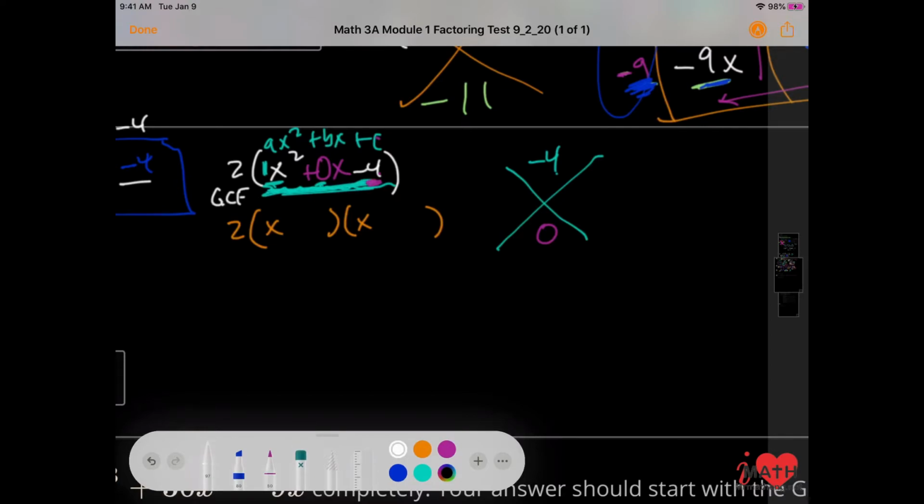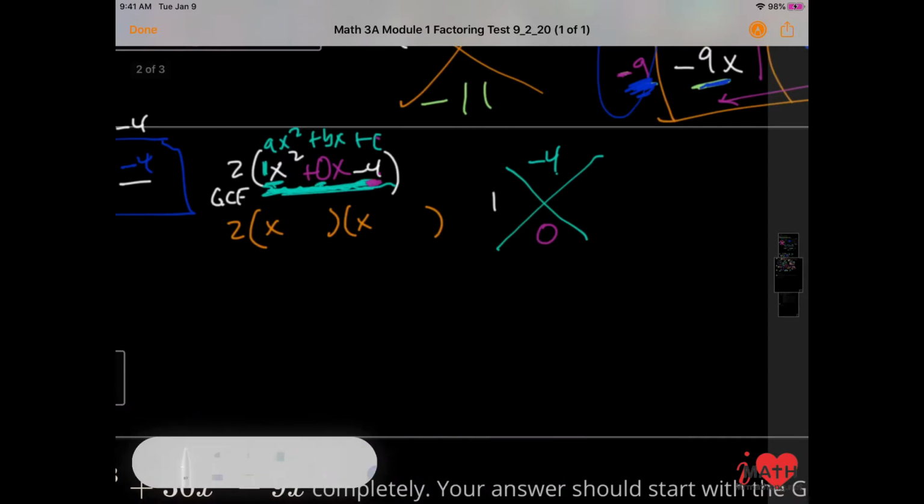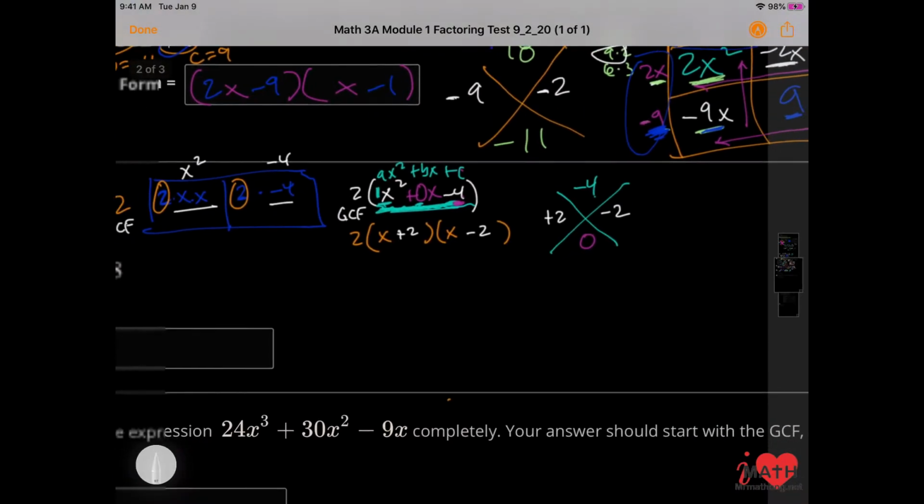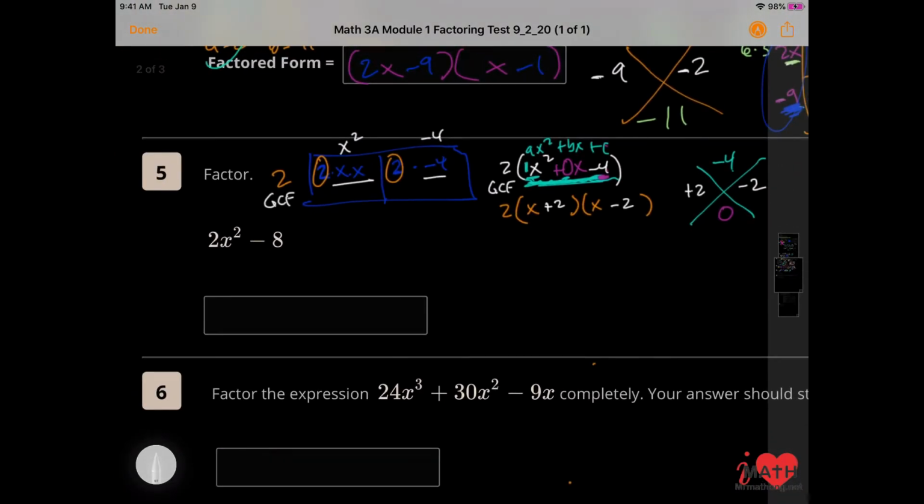Those 2 numbers would multiply to be 0, but not multiply to be... Sorry, they would multiply to be 0, the ones I had. So that is 2 and -2. Good thing the factoring police came. Okay, so our answer here is 2 times x plus 2, x minus 2. Again, you could have written it as 2 times x minus 2 or an x plus 2 for full credit.